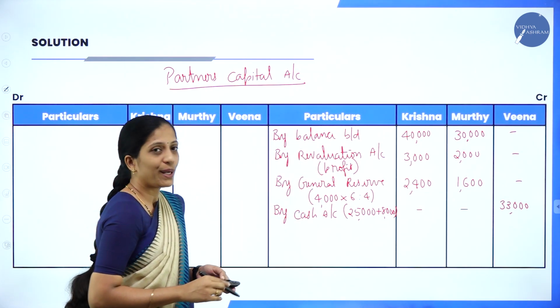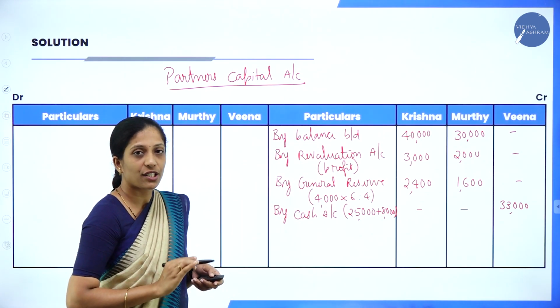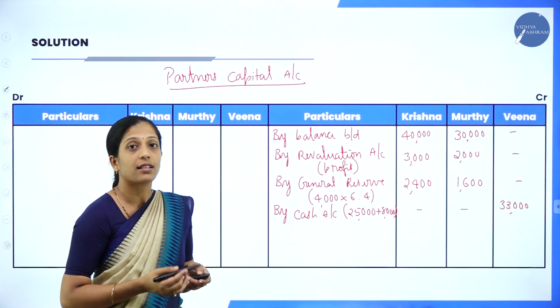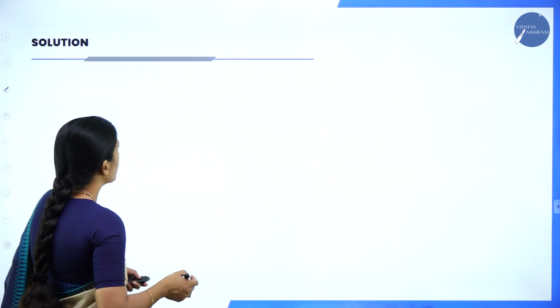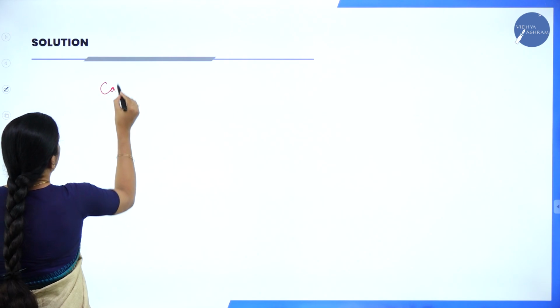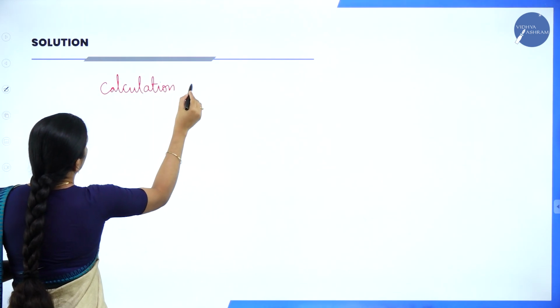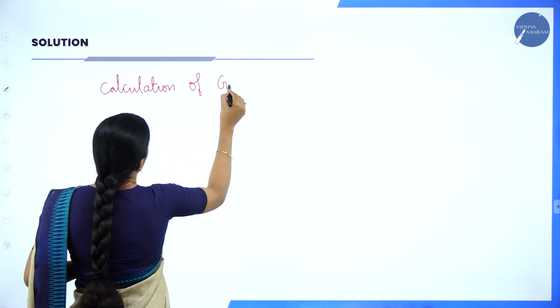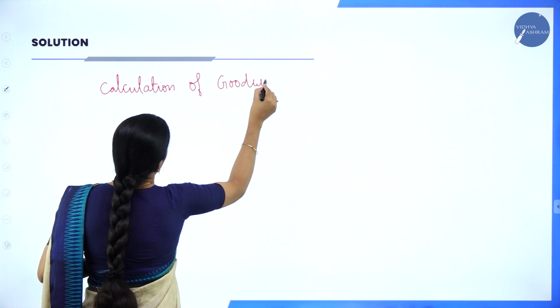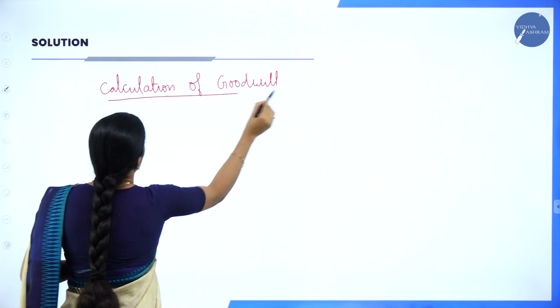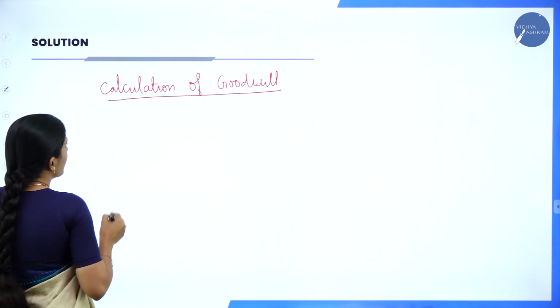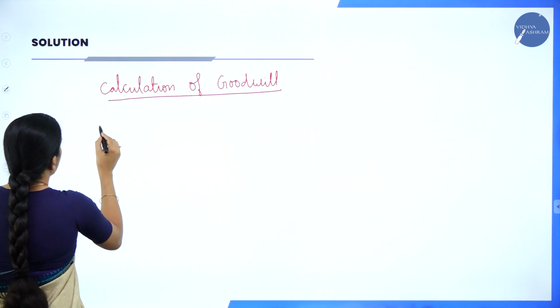Now whatever the goodwill which is bought, 8,000, it has to be distributed among the old partners in the sacrifice ratio. So we shall calculate here, calculation of goodwill. So who is the new partner? Veena.